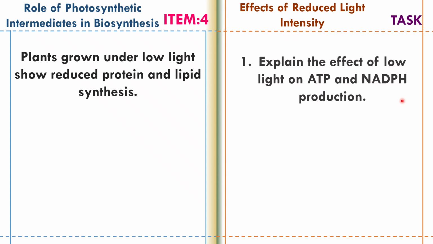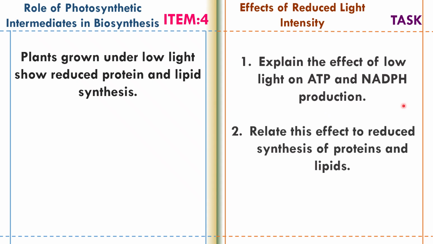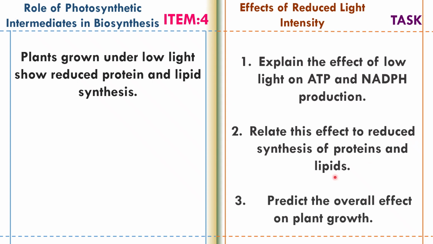Task: explain the effect of low light on ATP and NADPH production. Relate this effect to reduced synthesis of proteins and lipids. Predict the overall effect on plant growth.